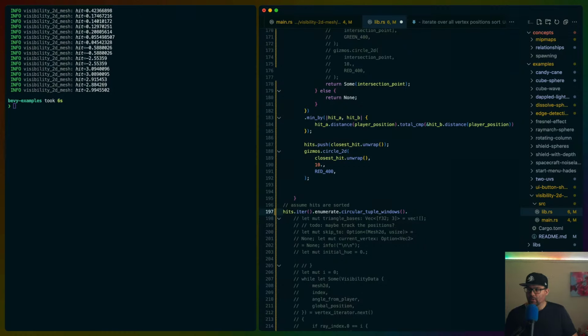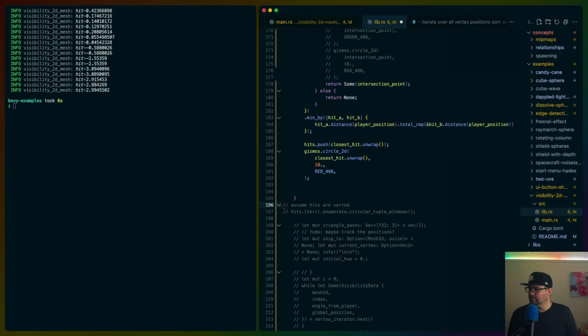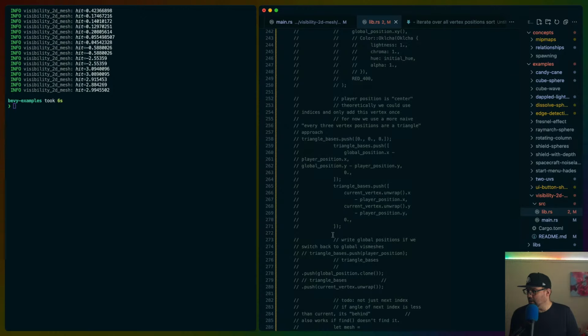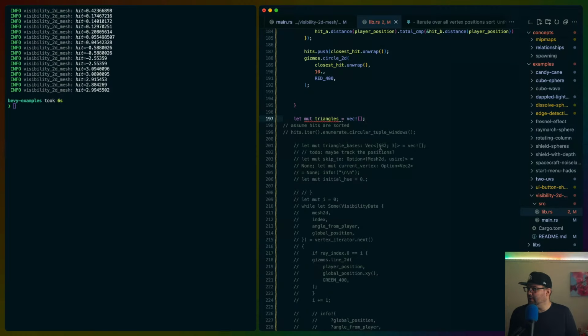But while we build that up, we are going to be building up our triangle list. Right. Triangles equals this vec. What did we build up for our other triangle? This was triangle bases, right? Triangle bases was this. So let's just make this the same thing, because I think that's what we're going to have to throw into our mesh.